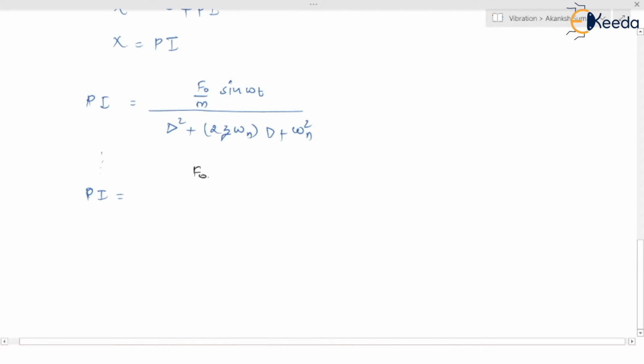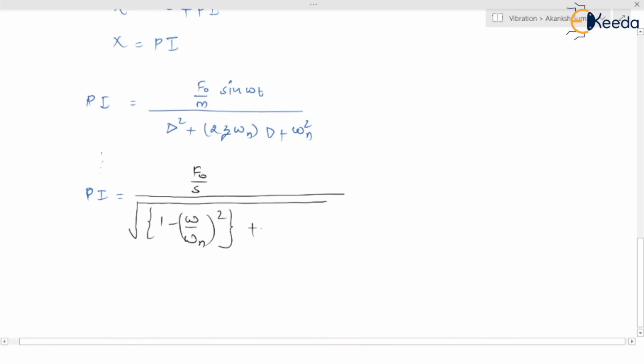So the particular integral is equal to F naught upon under root of (1 minus (omega by omega n) whole square) whole square plus (2 zeta omega by omega n) whole square, multiplied by sin(omega t minus phi).